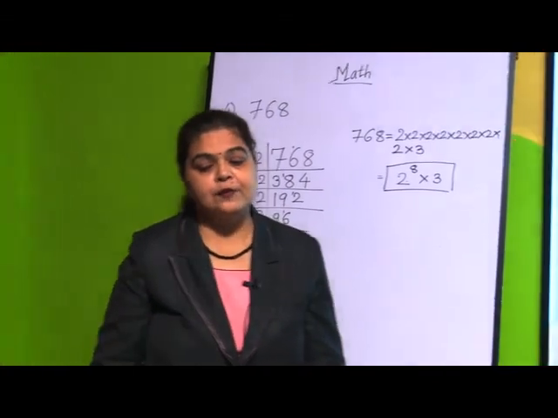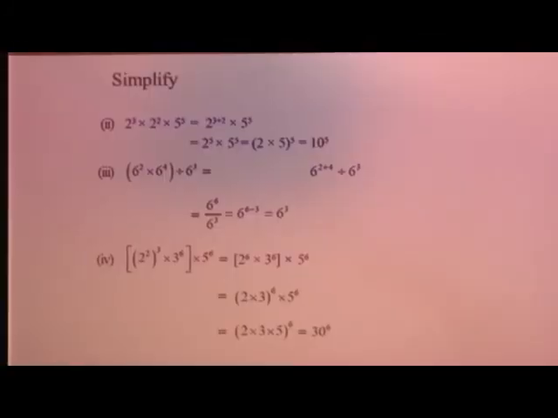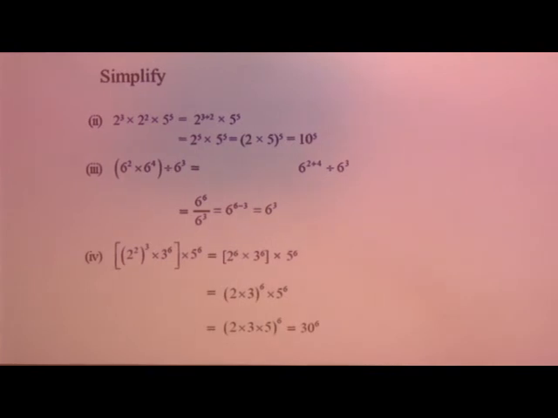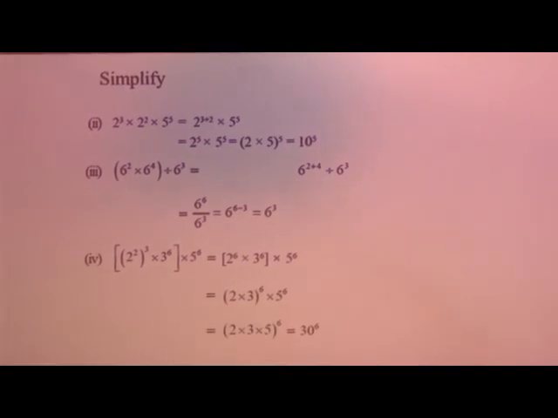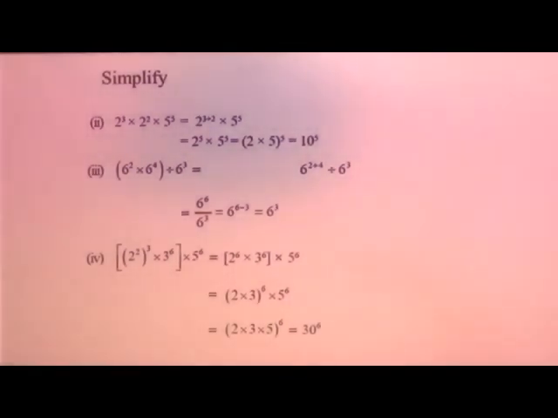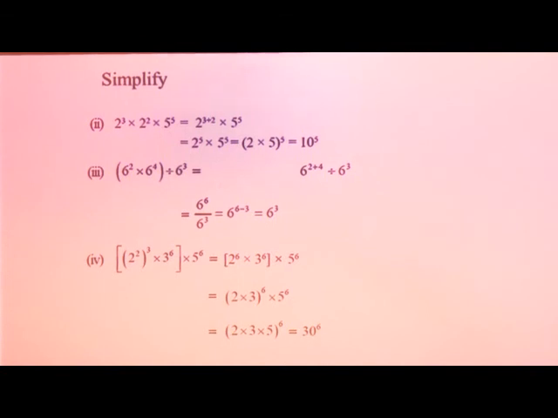Now, we will have some simplification which is very easy, and you know the laws of exponents. Using these laws, when the bases are the same, the powers are added. Here we can see the two bases are the same: 2 to the power of 3 and 2 to the power of 2, that is 2 cube and 2 square, multiplied by 5 raised to the power of 5.